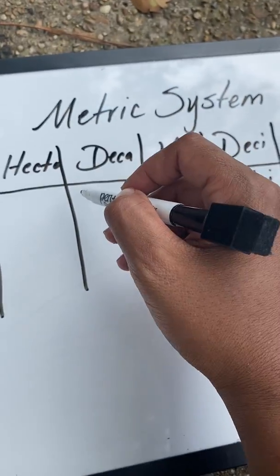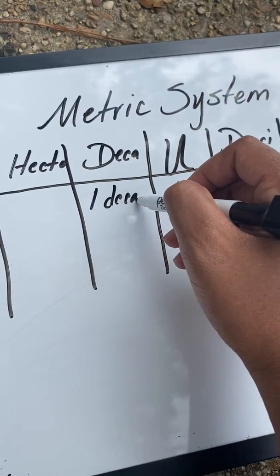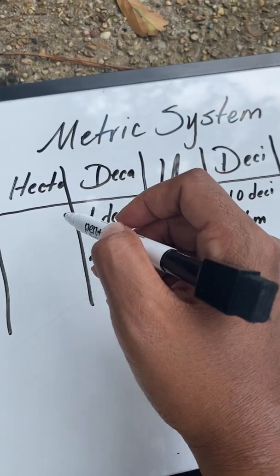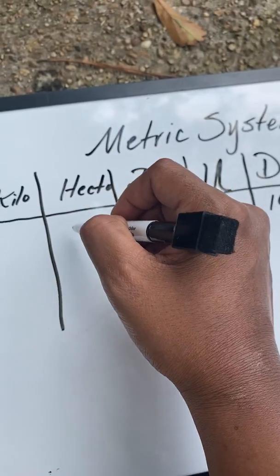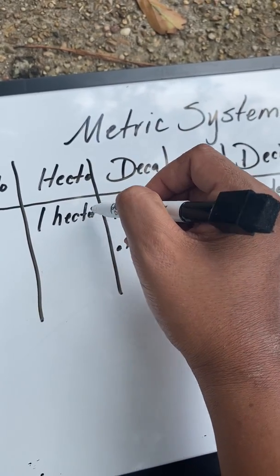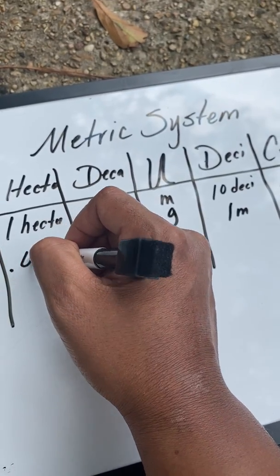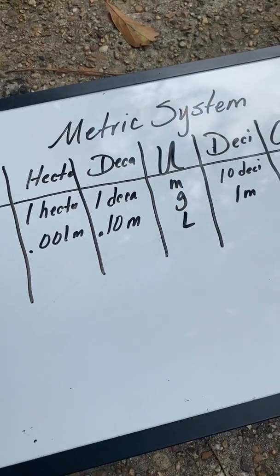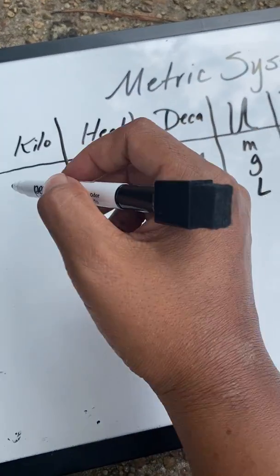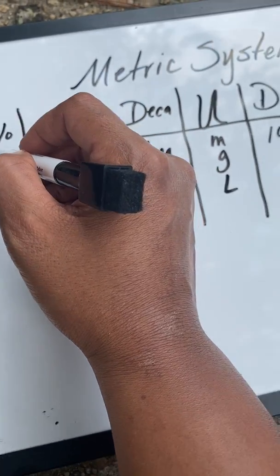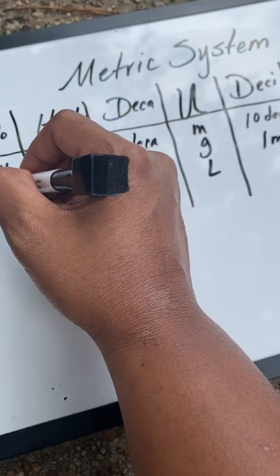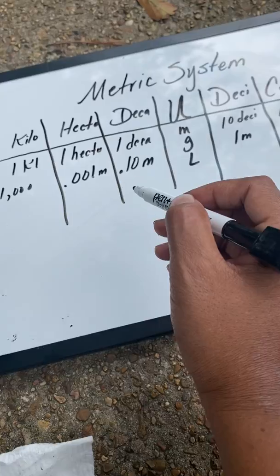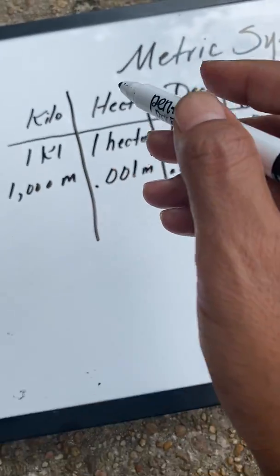What this is saying is one of these equals 0.10 meters. This is saying one of these equals 0.001 meters. And then the next one is 1 kiloliter equals 1,000 meters.